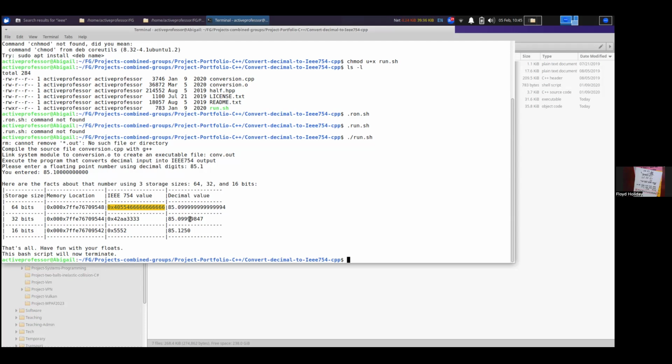So here's something you should know about. The computer can't show every floating point number on Earth. It can only show a finite number of them. A math course will tell you there's infinitely many floating point numbers. So I wanted 85.1, but what you get is the closest value to 85.1 that the computer knows about.